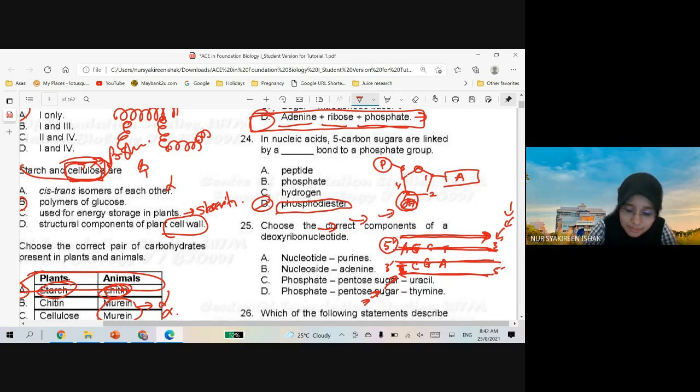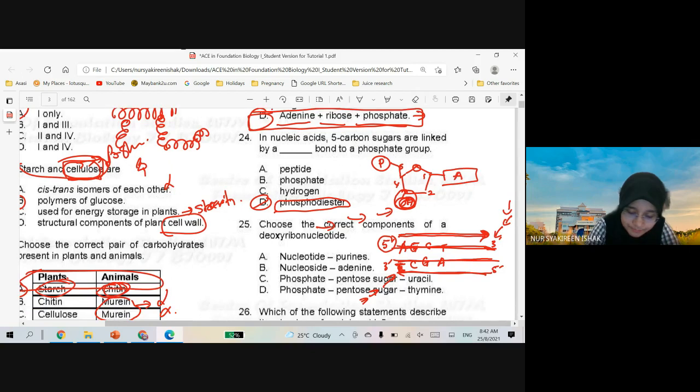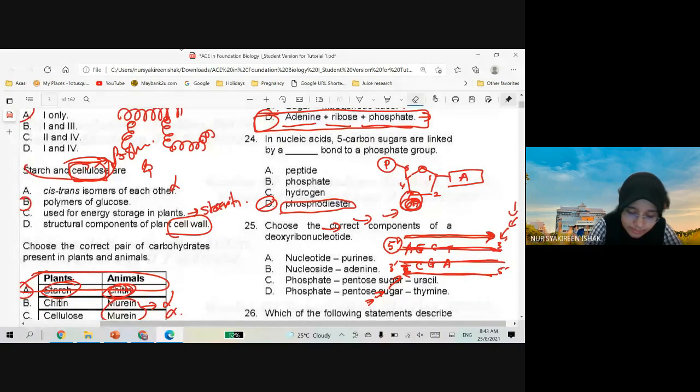So in this case, at carbon number 3, there is the OH. So you want to add the next nucleotide. So the next nucleotide will be added where, saya padam sekejap.